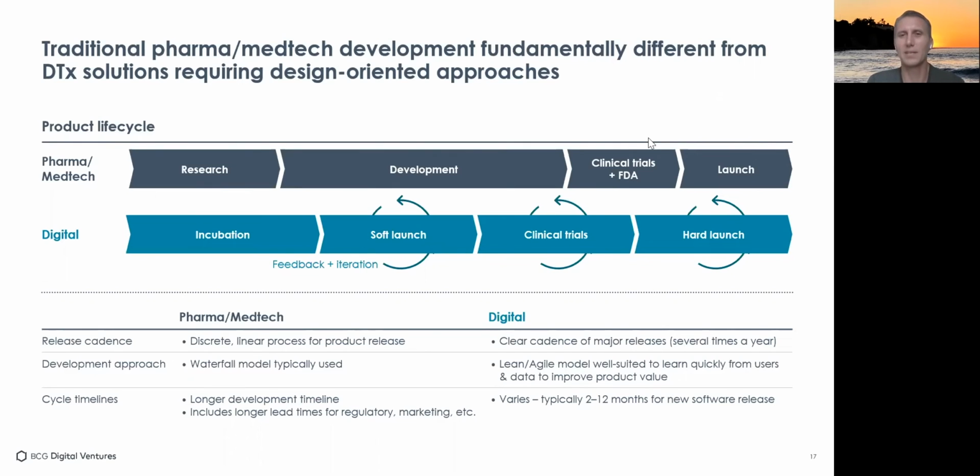But when we think about developing in digital, and we think about the importance of this notion of strategic design, we need to put this in the hands of users very early, and we need to iterate on that feedback. So the same sort of processes just can't apply in the same way. The approaches that we like to use at Digital Ventures as we are building these platforms with our partners are more of an early incubation to get to a usable product. You could think of this as an MVP per se.